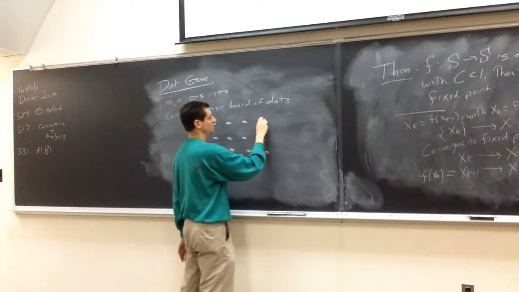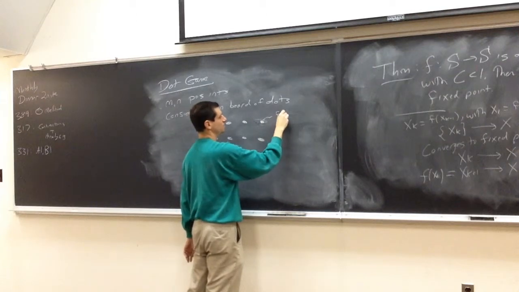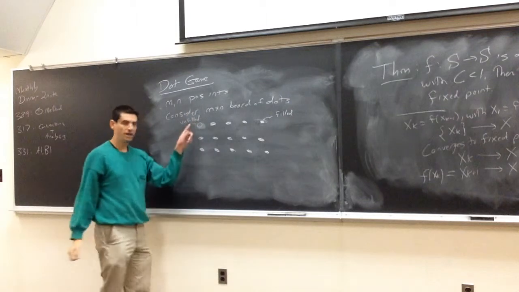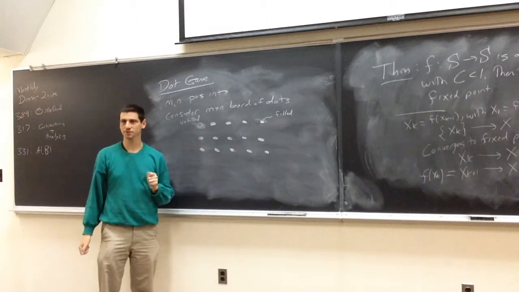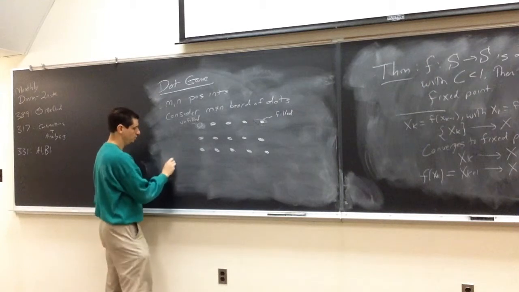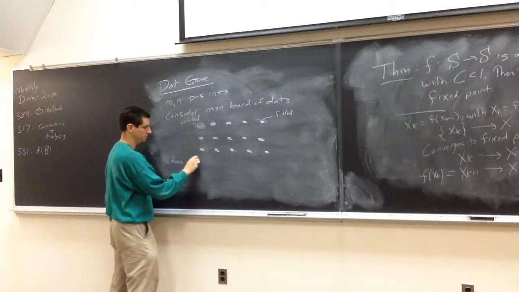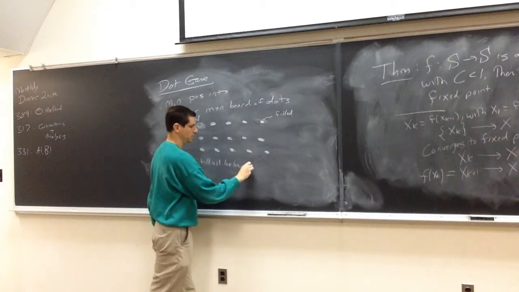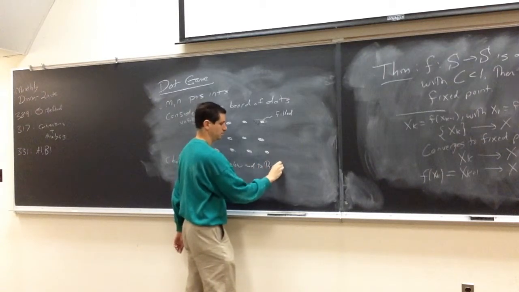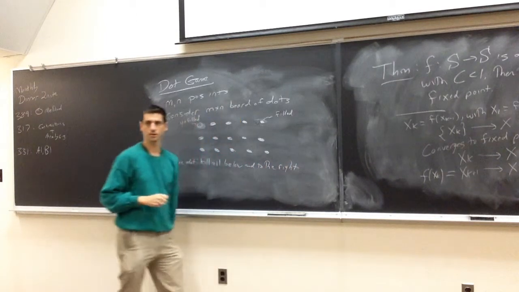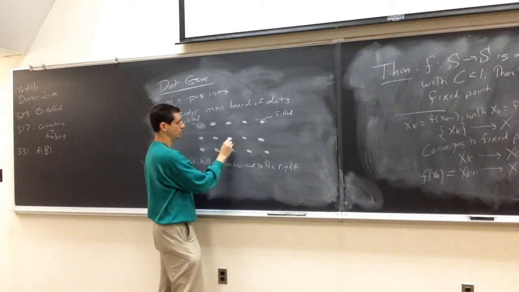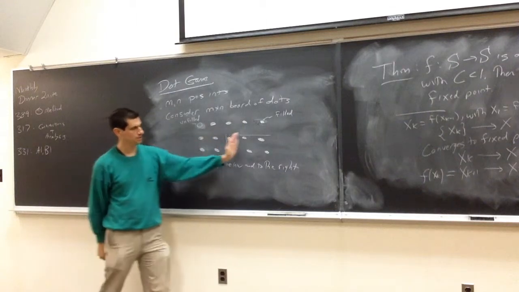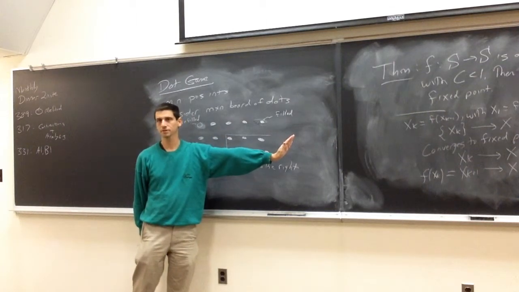So we'll do filled and unfilled. So there's one unfilled dot. Every other dot is filled. On your turn, you choose a dot, and kill all below and to the right. Okay? So for instance, if I choose this one, I would kill off all of these dots. I kill off everything below and to the right. Okay?